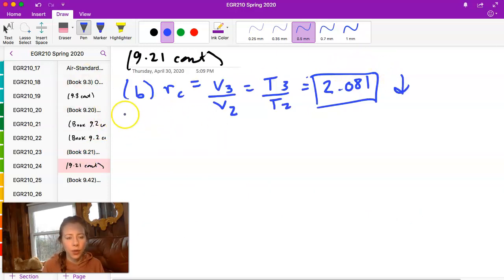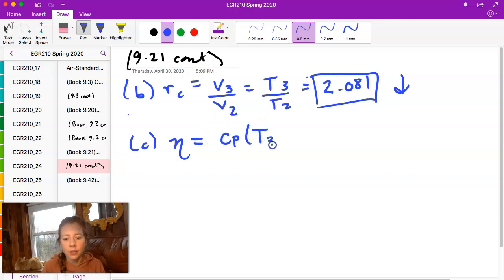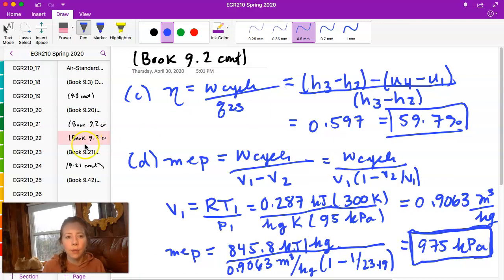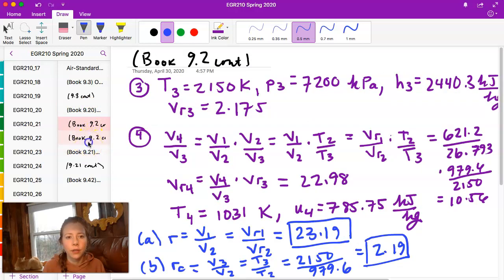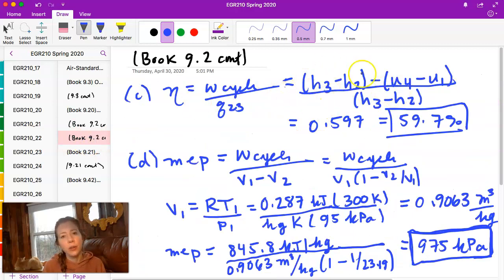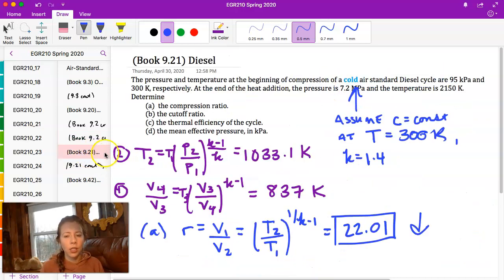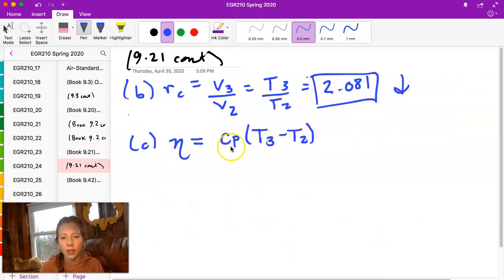C, eta, you can find as c_p (T3 minus T2). Here we looked up enthalpies in A22, but if you assume constant specific heats, you can do c_p delta T to get enthalpy. And remember, c_v delta T is specific internal energy.